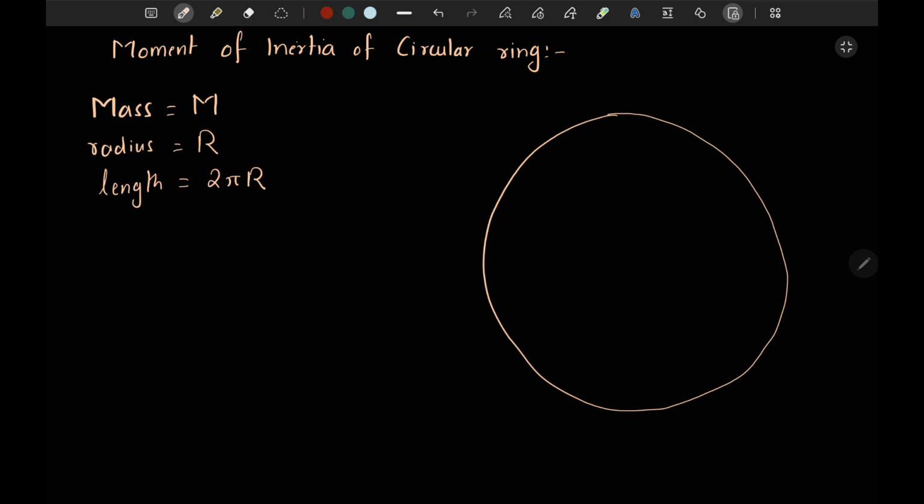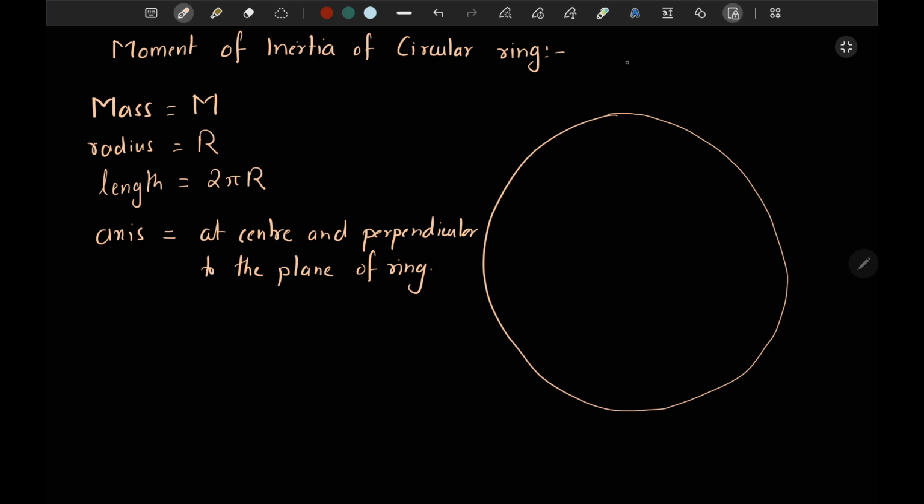And now we consider the axis at center and perpendicular to the plane of the ring.